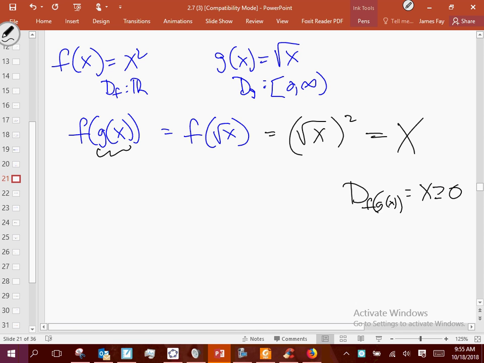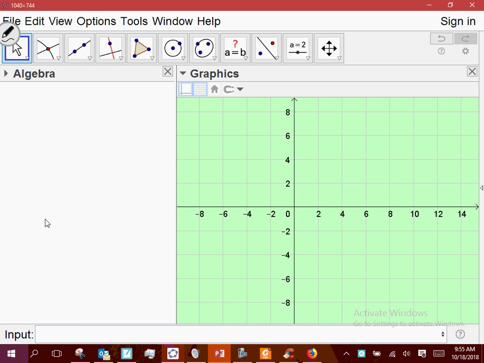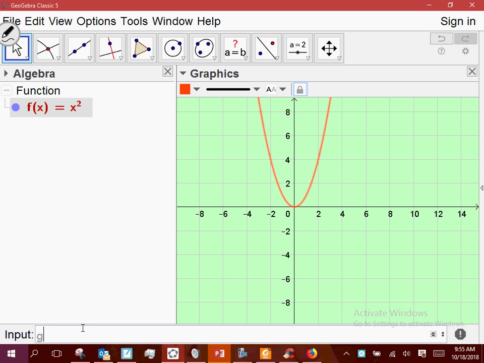So I want you to look at this. I want you to see this algebraically. If I go to GeoGebra, let's go f of x was equal to x squared, right? All real numbers. I look at g of x, which is equal to square root of x. Numbers equal to 0 or bigger, right?